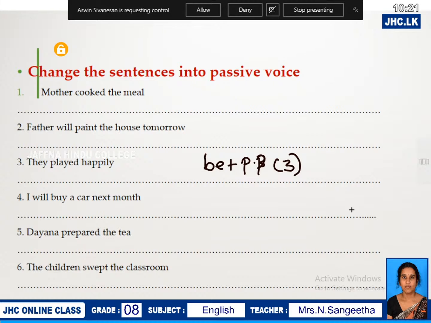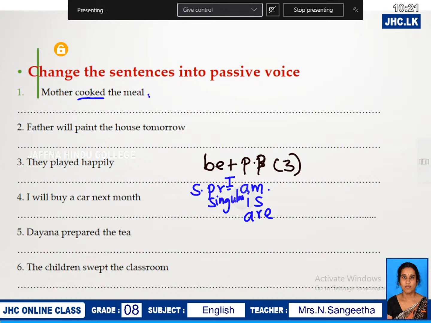So the be verb is decided according to the tense of the verb and whether the object is singular or plural. For simple present tense you can use the be verbs am, is, are. If the subject is I, use am. If the subject is singular, use is. If the subject is plural, use are plus the third form of the verb.